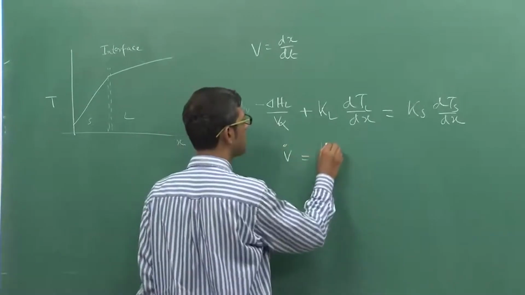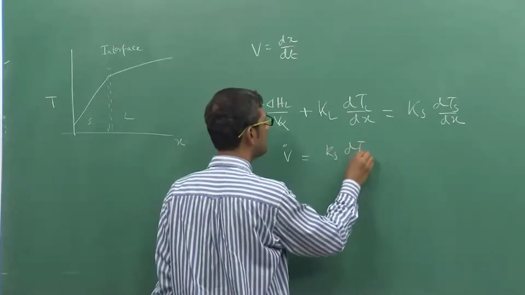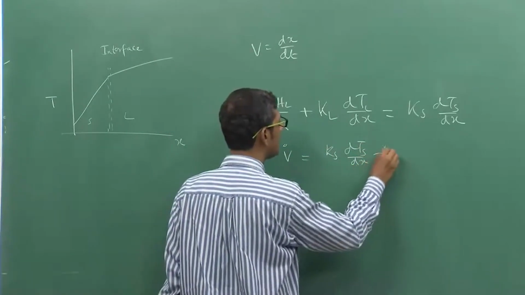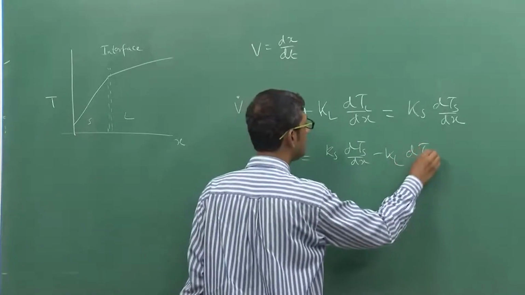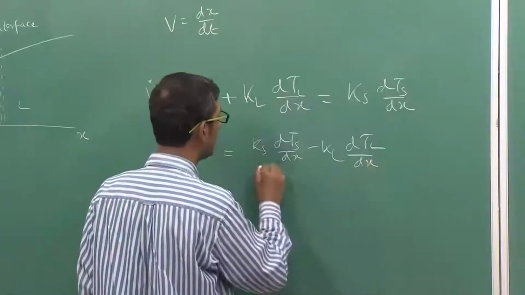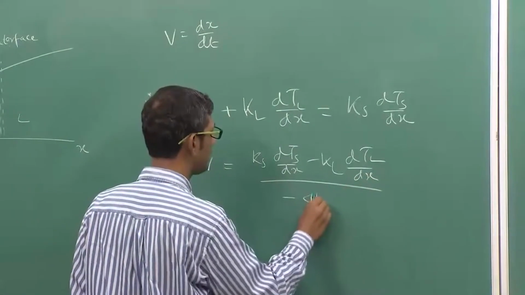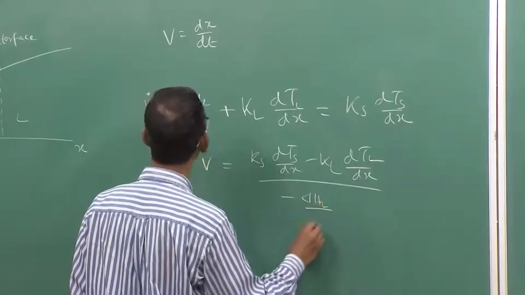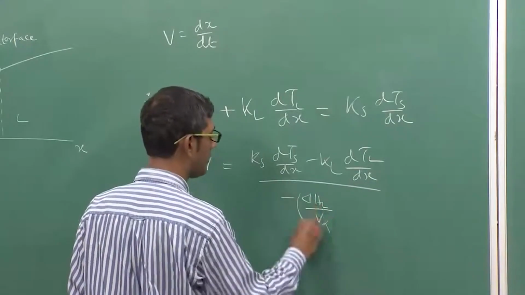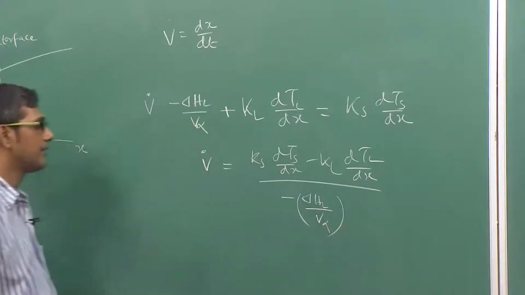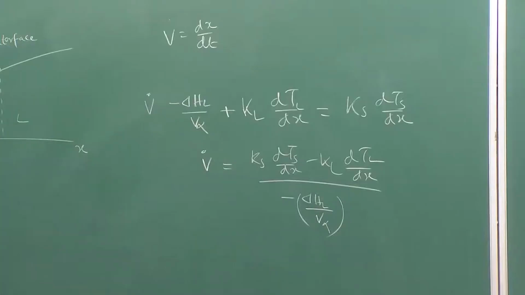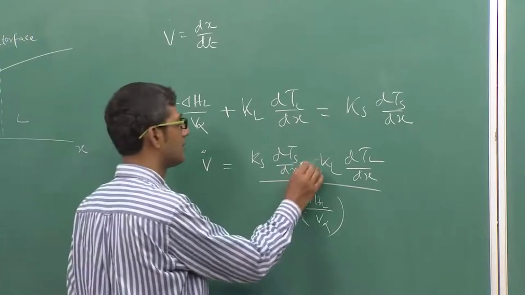V dot is Ks dTs/dx minus Kl dTl/dx, divided by minus delta H divided by V alpha.